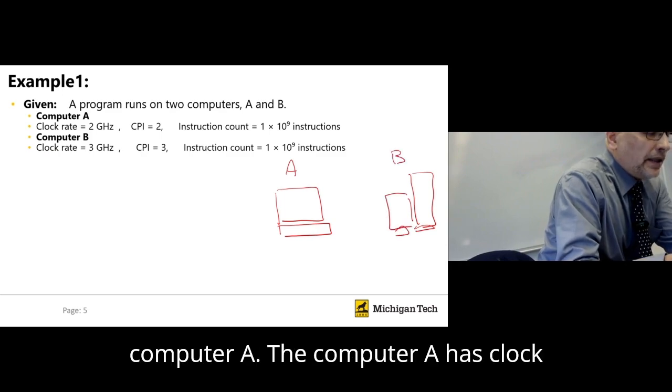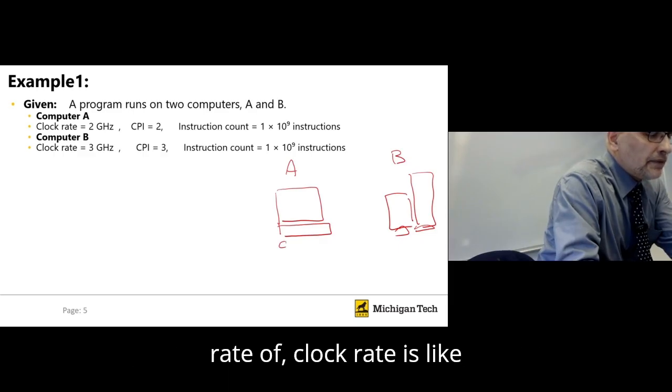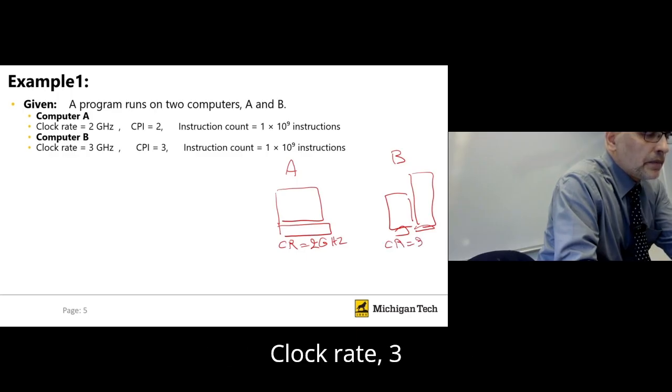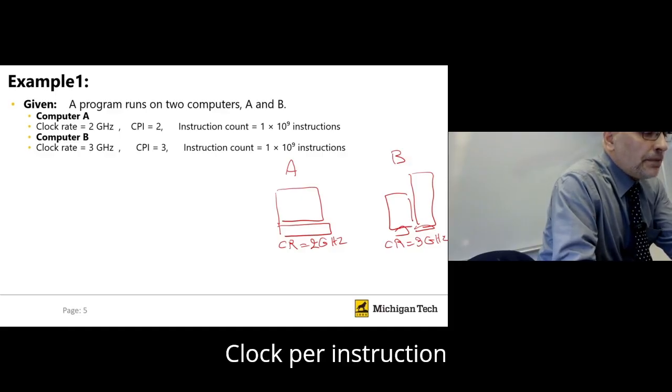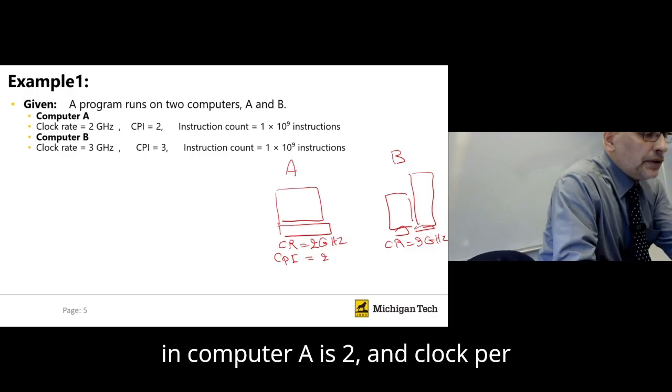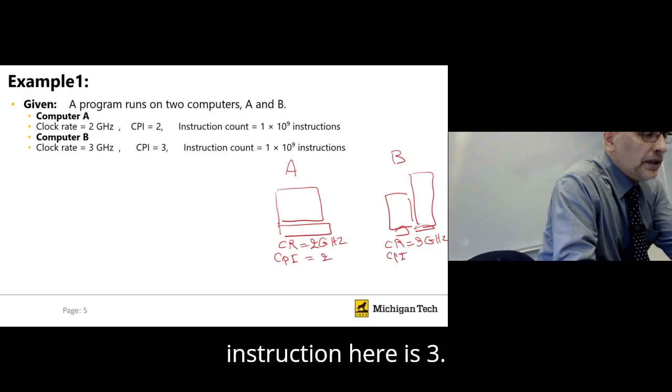Computer A has a clock rate of 2 gigahertz, and computer B has a clock rate of 3 gigahertz. Clock per instruction in computer A is 2, and clock per instruction here is 3.